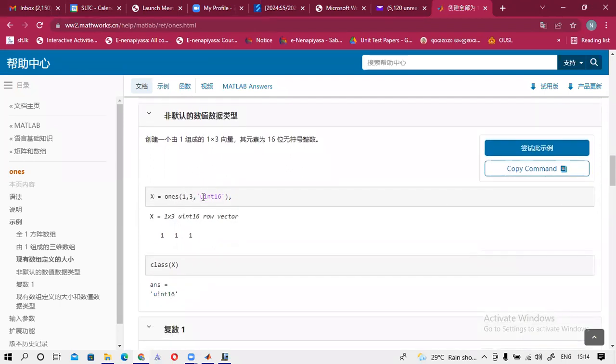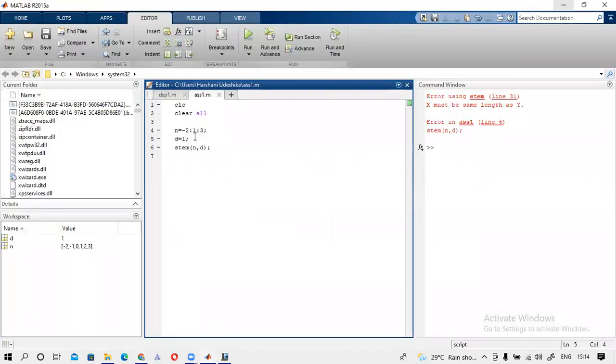We need to define this type of two-dimensional array, so I will use this. I just copy and paste it here. I don't need this string part, so I delete it.